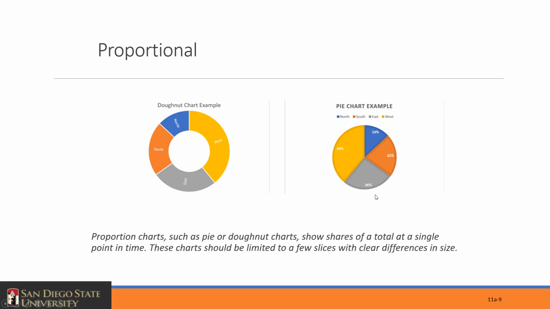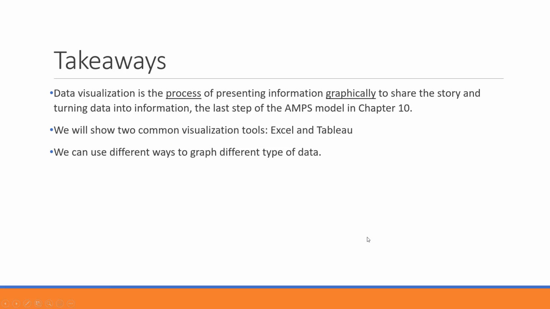You want to see the composition of your data, like how much of the company's sales is accomplished by the West division or the East division. It shows shares of the total. So the takeaway of the basic concepts of Chapter 11 is you need to know what data visualization is, understand the common tools we use, and more importantly, have an idea of the best way to present different types of data.